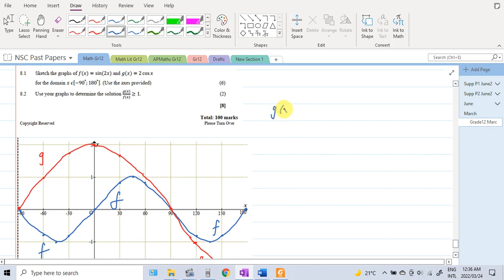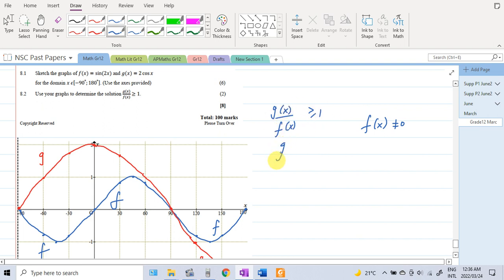If you multiply both sides by f of x, remember f of x is not equal to 0. We have a restriction. f of x cannot be equal to 0 for the denominator. So multiply both sides by f of x, and we get g of x is greater than or equal to f of x.